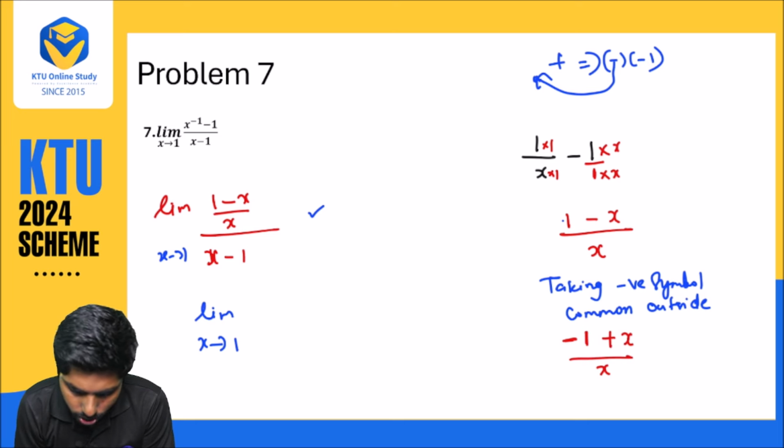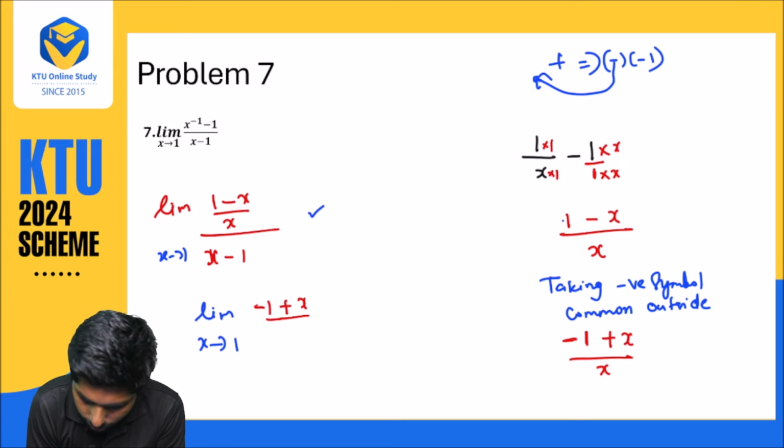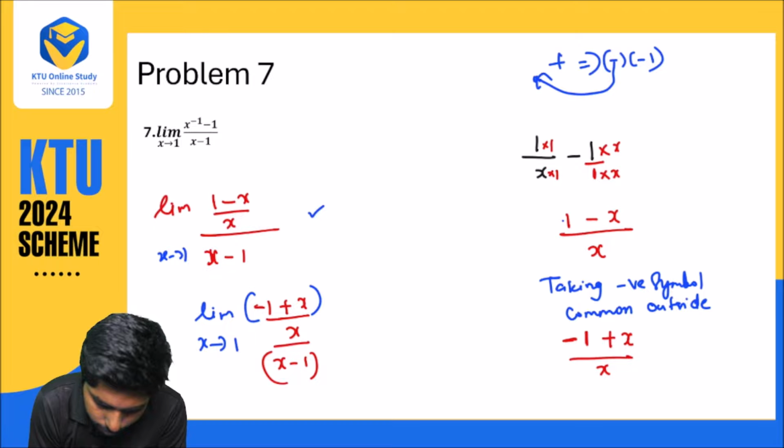So that is nothing but minus 1 plus x divided by x minus 1. Outside, I already told you I am taking minus outside.